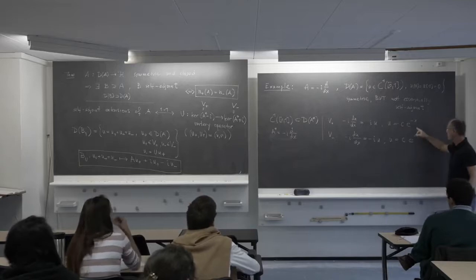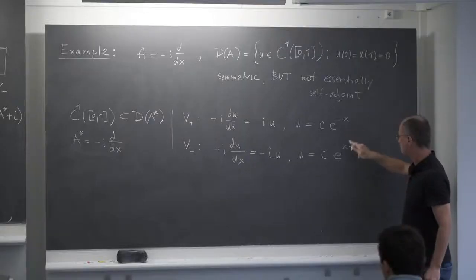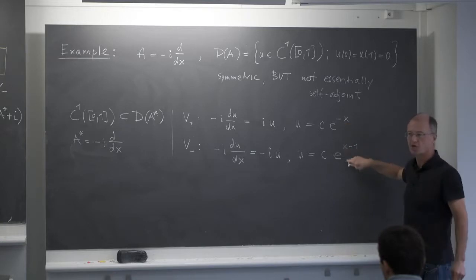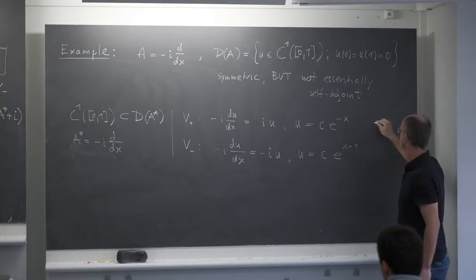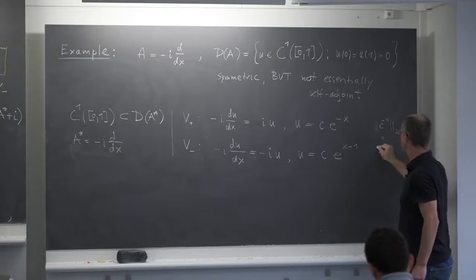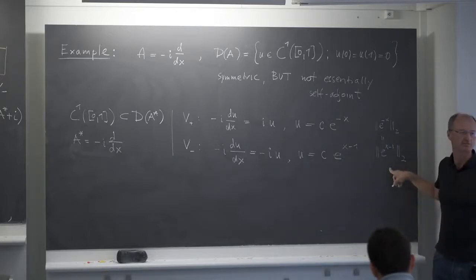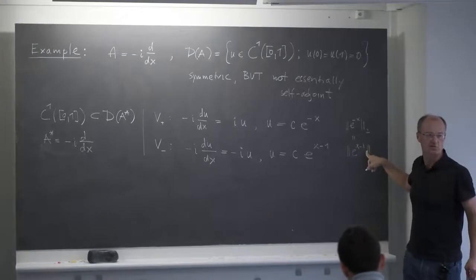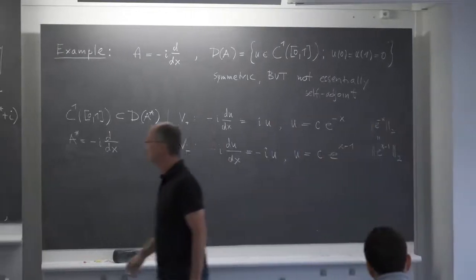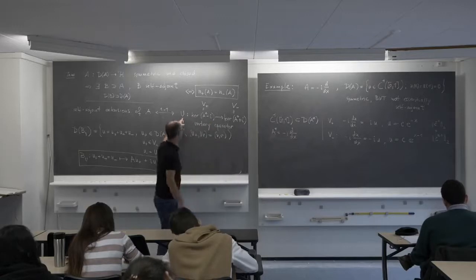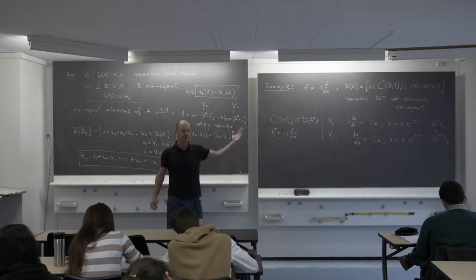Now, why did I choose them in that way? That's because the L2 norm of these two guys is the same. Is it right? Note that the L2 norm of this guy is equal to the L2 norm on 0, 1 of that guy. That's why I subtracted 1. So I should choose a unitary operator acting from one-dimensional space to the other one.